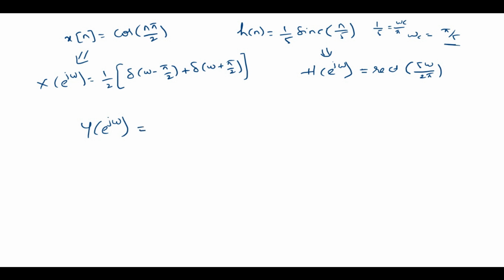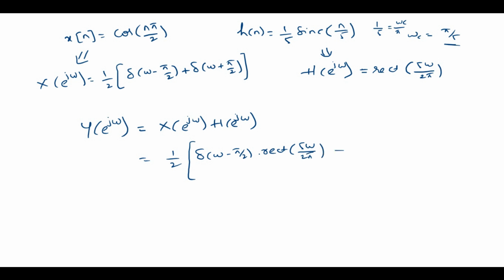The final output is a product of input and frequency response. So that is 1 by 2 into del of omega minus pi by 2 into the rectangular function of 5 omega by 2 pi, okay, plus del of omega plus pi by 2 into rectangular function of 5 omega by 2 pi.